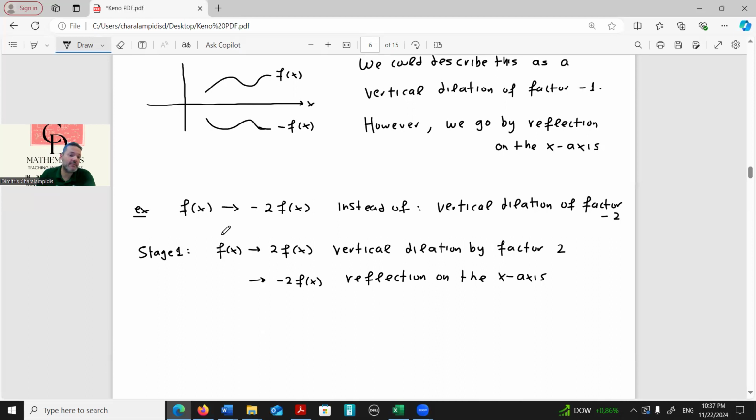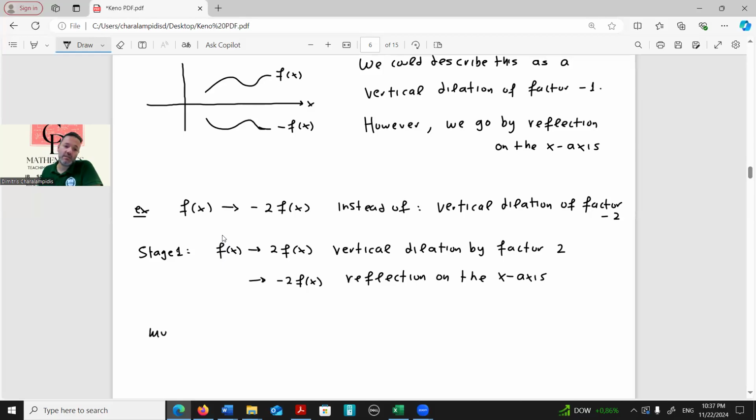As per instructions now, because we have repeatedly mentioned that any description of any transformation is a set of instructions, we would basically now do the opposite. We will follow what the vertical dilation suggests. In this case, it is a vertical dilation by a factor that can be seen as a multiplication of the y by something negative.